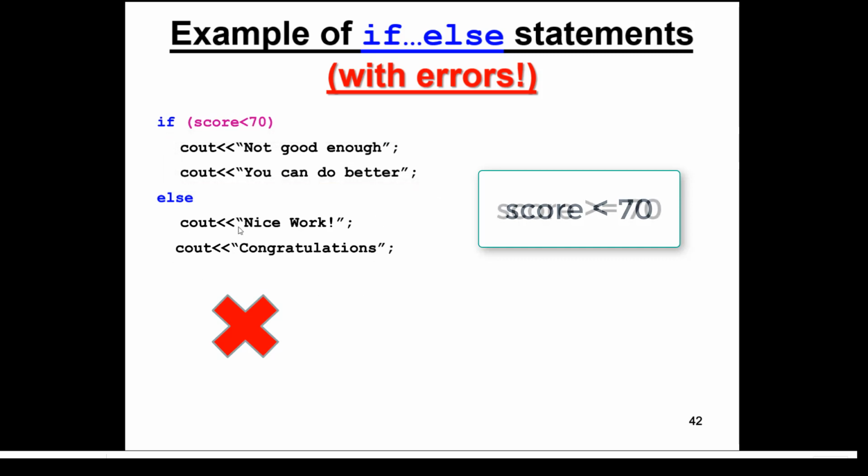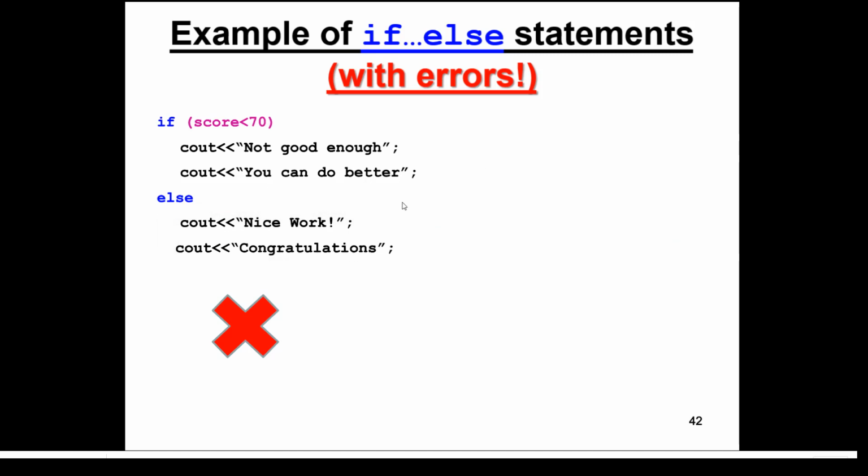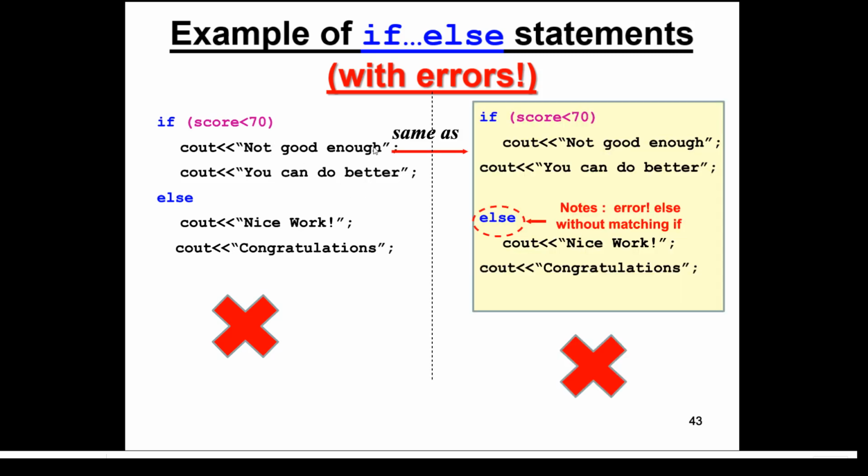But if this is false, score greater than 70, then we want to print out this: nice work, congratulations. So why would this code have an error if you try to compile it? It's because we have more than one statement for the if part and for the else part.